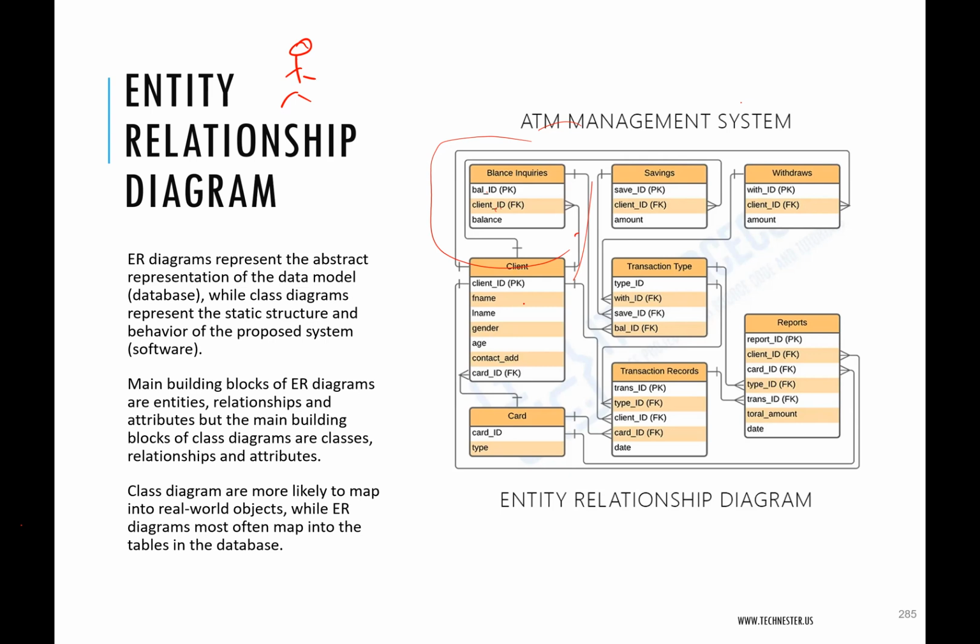We need to keep a record of the person's card. We need to keep a record of the customer themselves, right? The customer is coming to use the ATM. Okay. We want to know who the customer is or client, their name, their this and that. They will tell you all those things. So those are the things you are representing in your diagram.